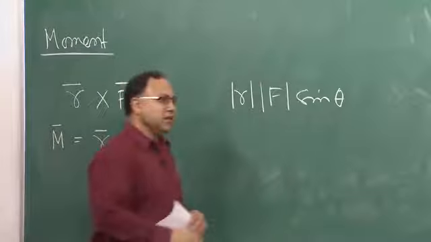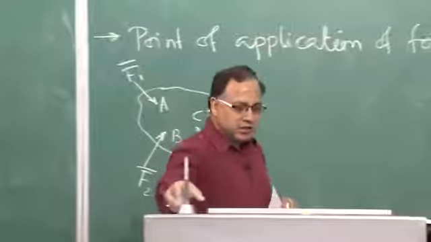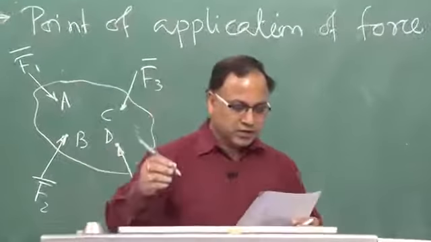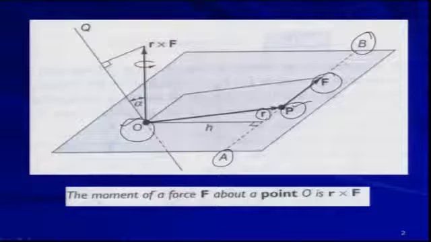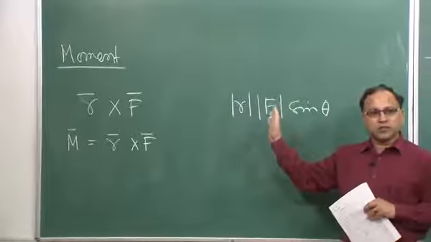What is theta? If you come back to this figure, this is the angle between the r vector and the force vector. If you extend the r vector, this is your angle theta. This will give you the magnitude of the moment.